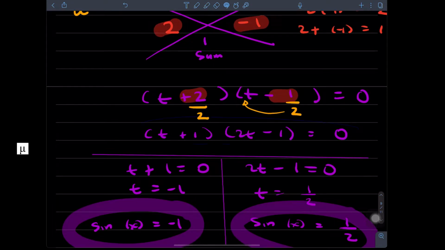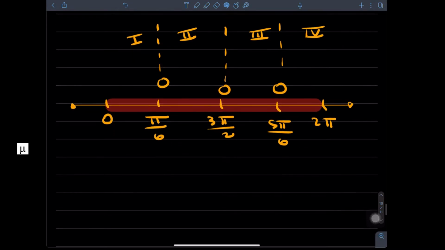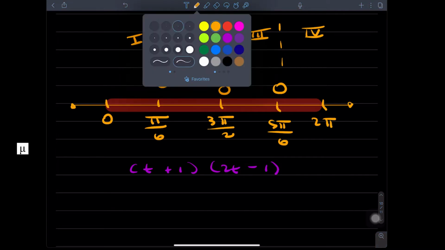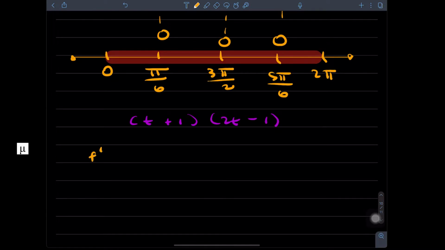Going to use this. Is that right? So this is the factored version. F double prime is sine x plus 1 times what? 2 sine x minus 1.